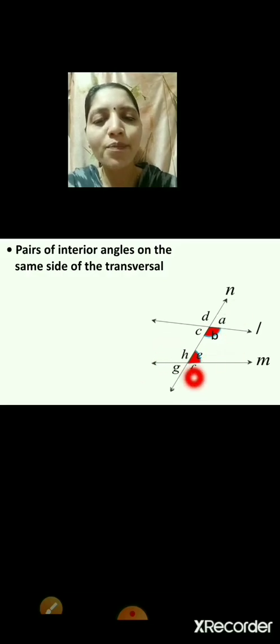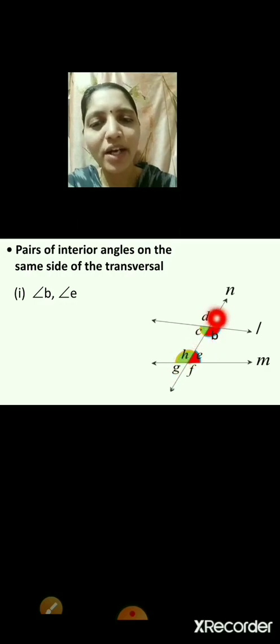Here angle B and angle E are also interior angles, but these angles are on the same side of the transversal, so they are not called alternate interior angles. Similarly, angle C and angle H are also interior angles on the same side of the transversal. To call it an alternate interior angle, the angle should be on the either side or the opposite side of the transversal.